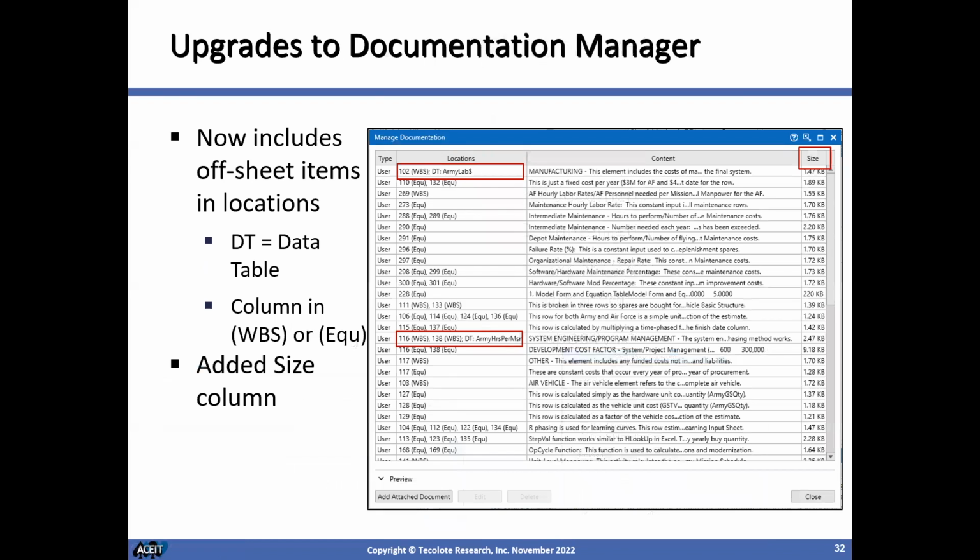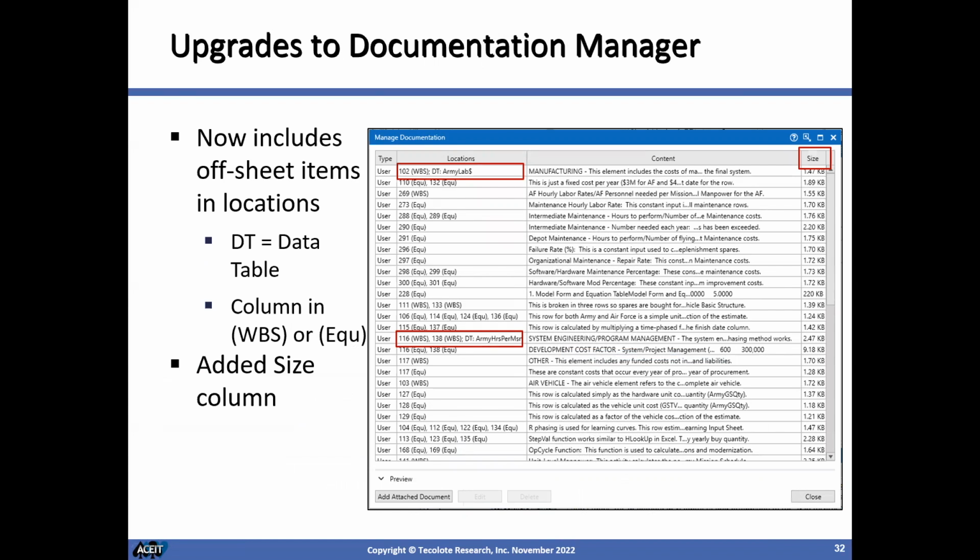Okay. And then we've also made a few upgrades to the documentation manager. Again, it's because we've added the documentation associated with the off-sheet items, principally the data tables. The documentation manager will show the locations of where that documentation is as well.